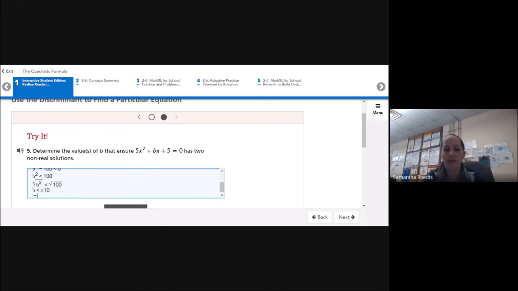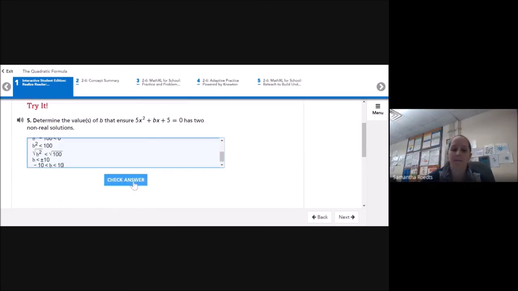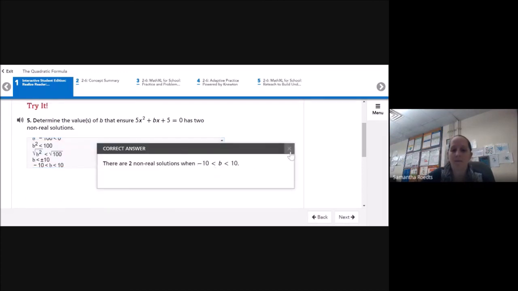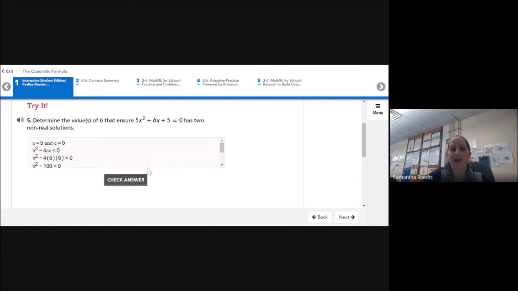That means negative 10 is less than b, which is less than 10. That will give me two non-real solutions. Okay, and again, I used this inequality because I was looking for two non-real solutions. If I was looking for one real solution, I would have said equal to. If I were looking for two real solutions, I would have done greater than.